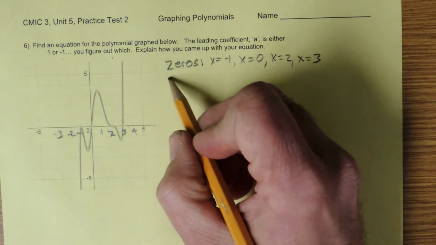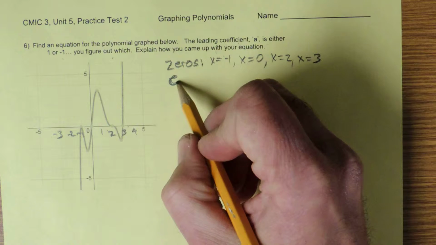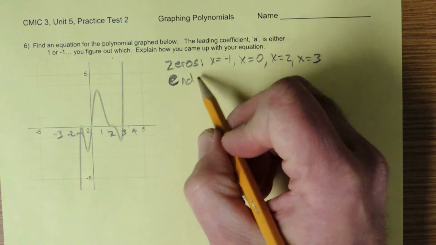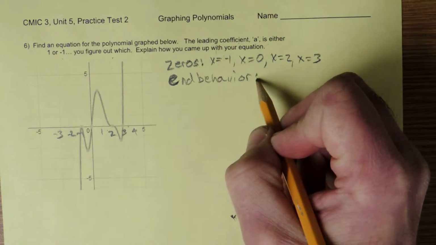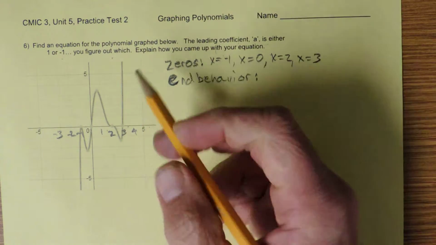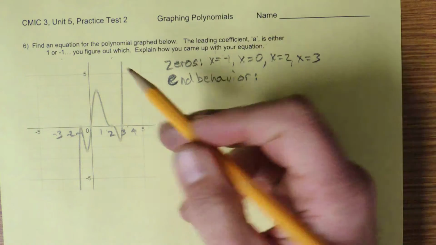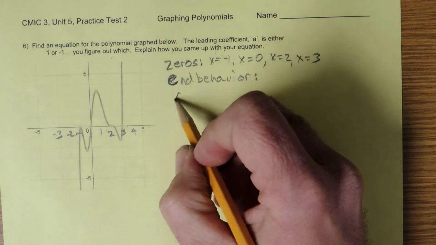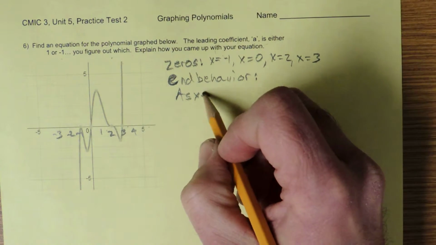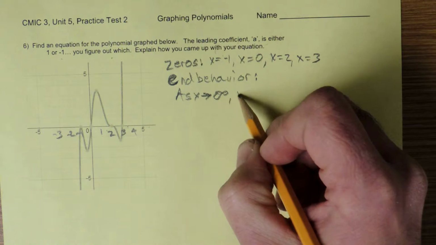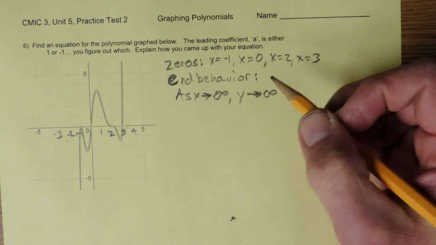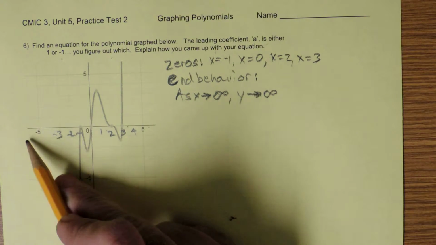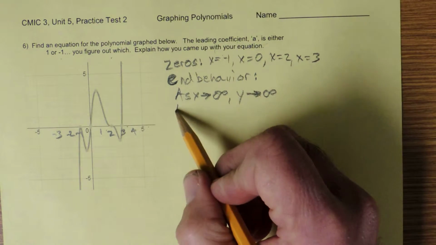And my end behavior, I will need that eventually, so I'm going to find it now. If x is going to infinity, y has to go to positive infinity as well. And when x goes to negative infinity, y goes to negative infinity.